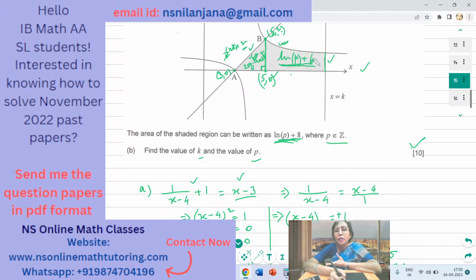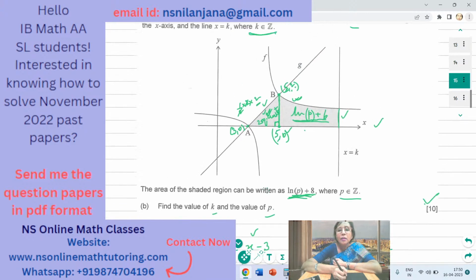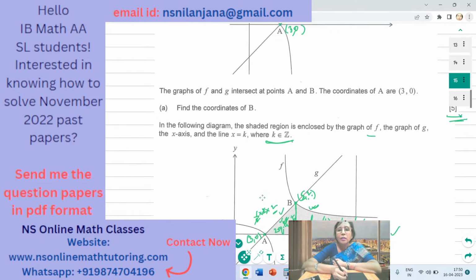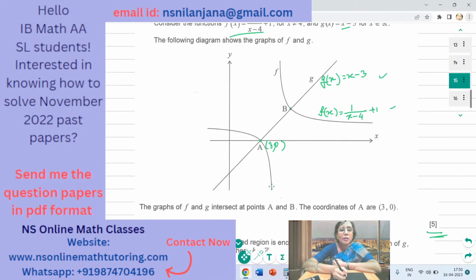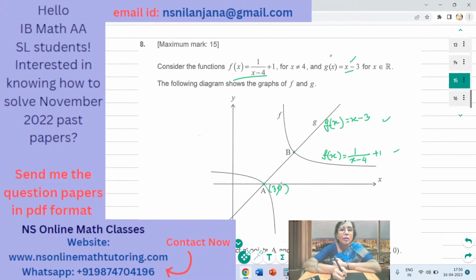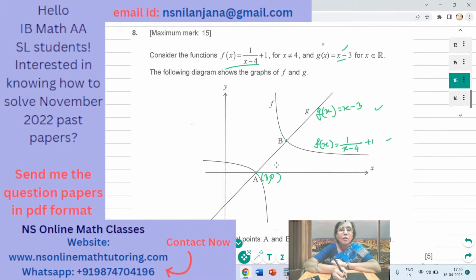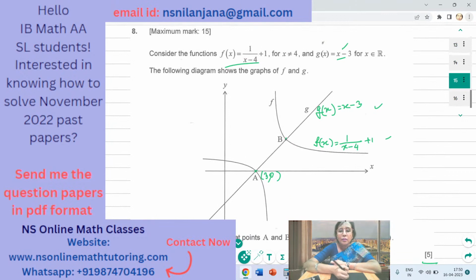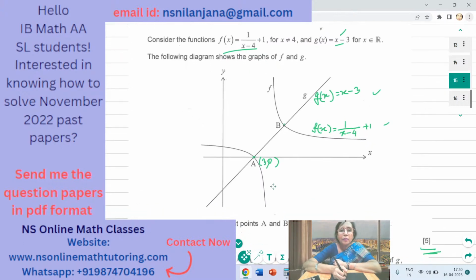We know the area below the curve formula: it is integrated below the curve and above the x-axis. So we will be integrating the function expression. The function expression is f of x equal to 1 over x minus 4 plus 1.